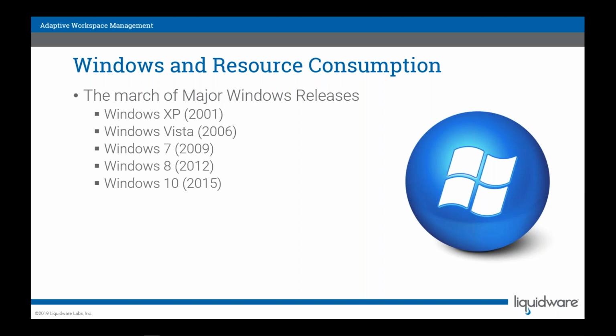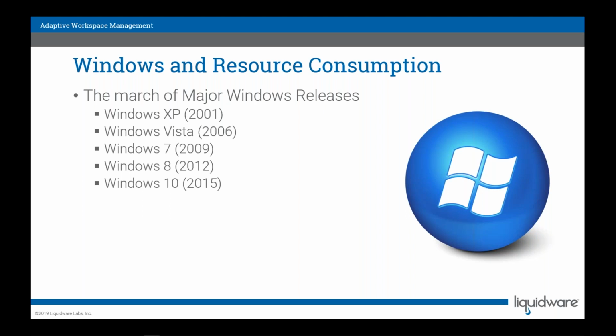And what's interesting is there have been obvious resource and consumption changes throughout all of those various time frames, right? From Windows XP to Windows Vista, we saw a good chunk of time. And since most folks jumped over and went to 7, we're talking about almost a decade before we saw a significant major release from Windows XP to Windows 7.